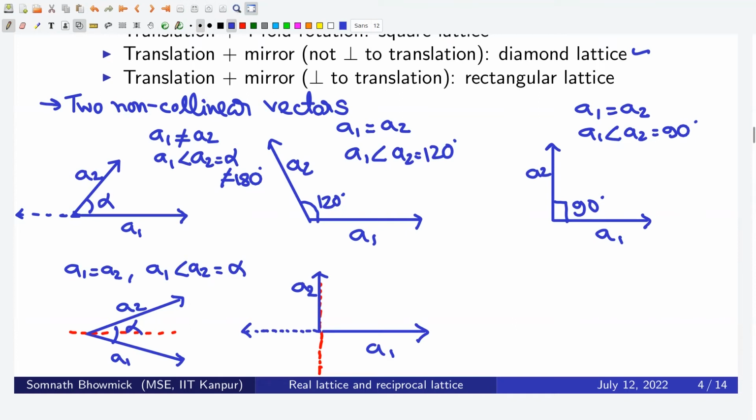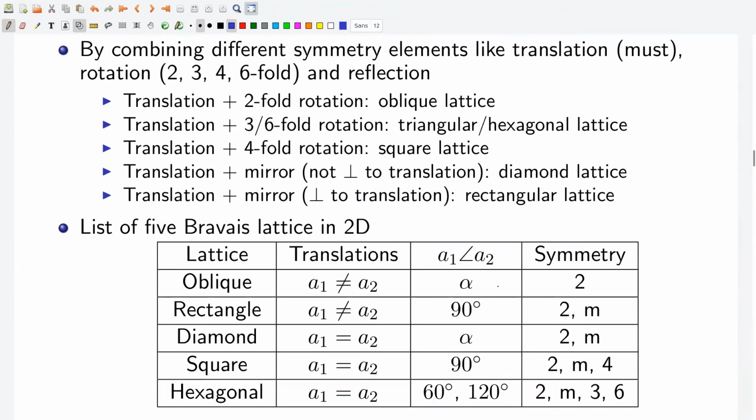The only place we can put the second vector is along the mirror, and that gives this relation: A1 is not equal to A2, and the angle between them, A1 angle A2, is fixed, equal to 90 degrees. Thus, we have generated all possible Bravais lattices in 2D by combining translation with rotation and translation with reflection symmetry.